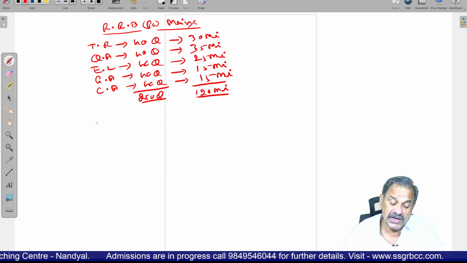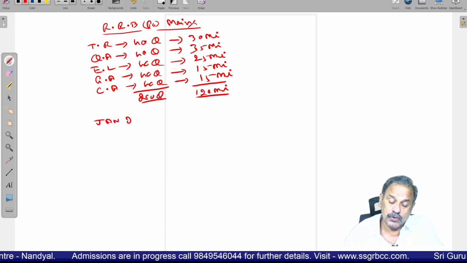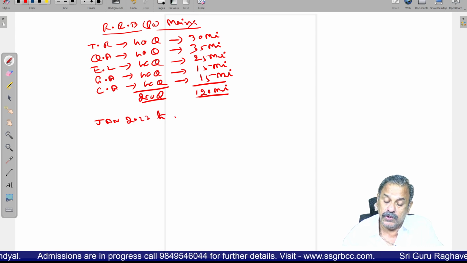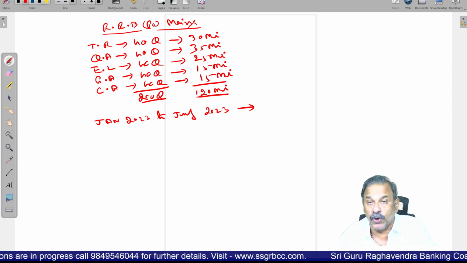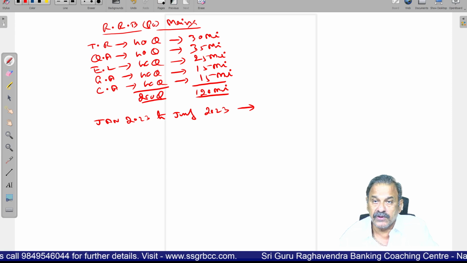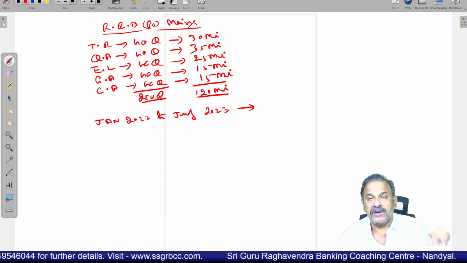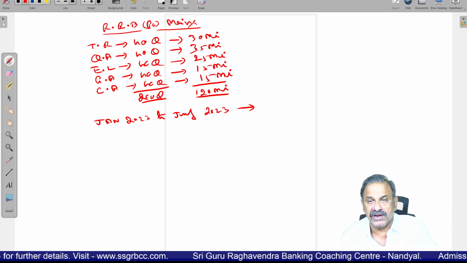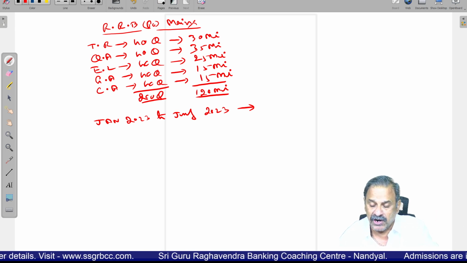For this, January 2023 to July 2023, we uploaded current affairs books, which consist of current affairs, banking awareness, financial awareness, static GK, computer awareness.